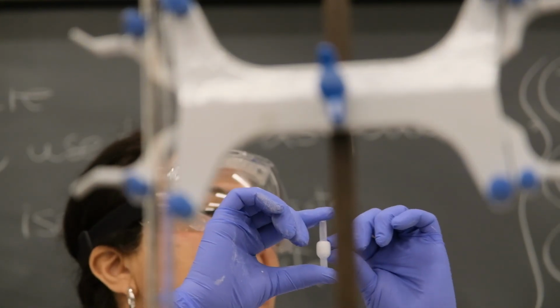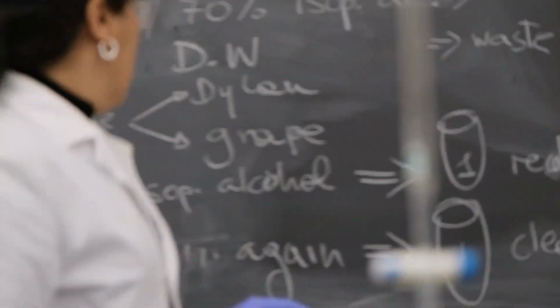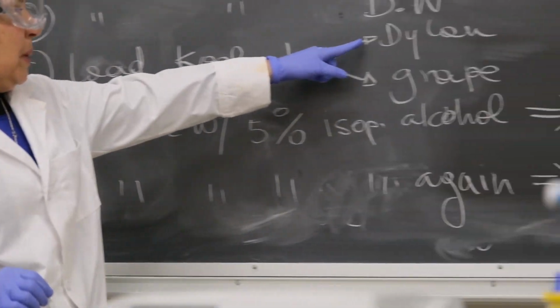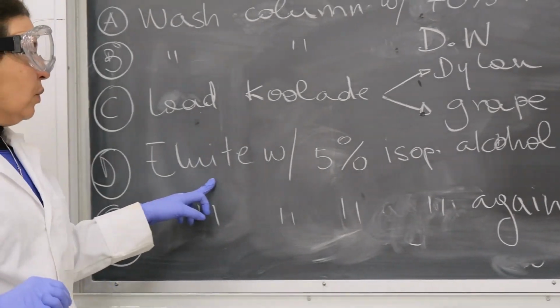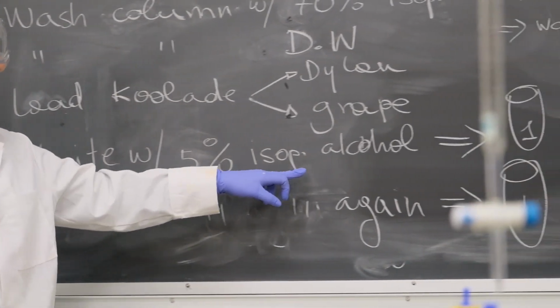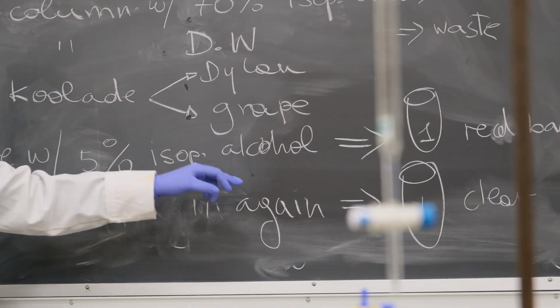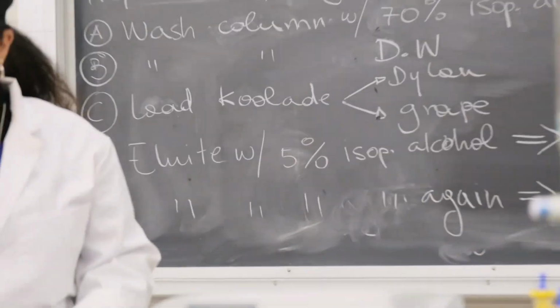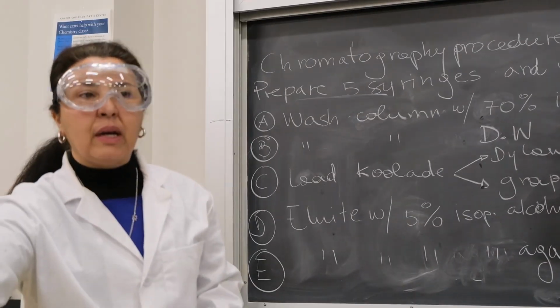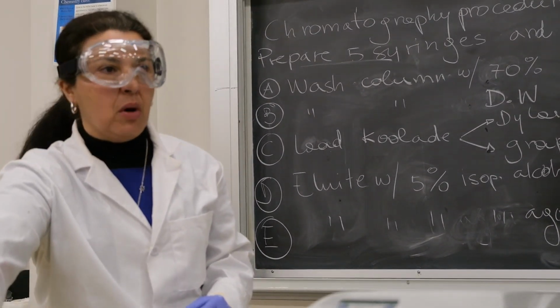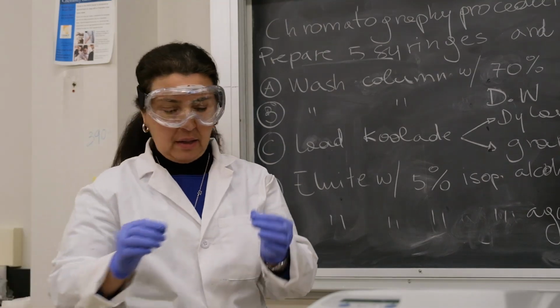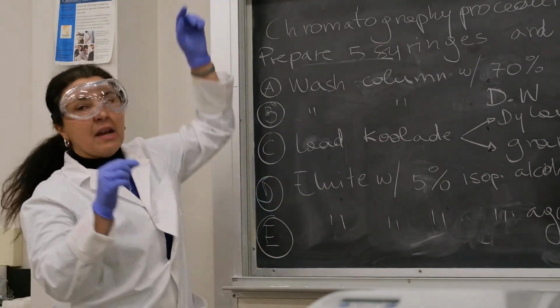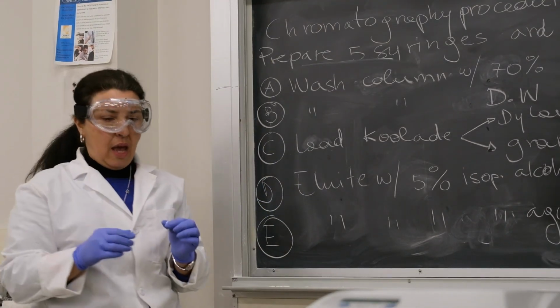Okay? This is a mini column. And you can choose between the two. Then you do an elution with 5% isopropyl alcohol. Why can we not use 70% isopropyl alcohol? These two compounds, if you look at the molecule, we study the polarity of molecules, have different polarity. This column is a non-polar column.